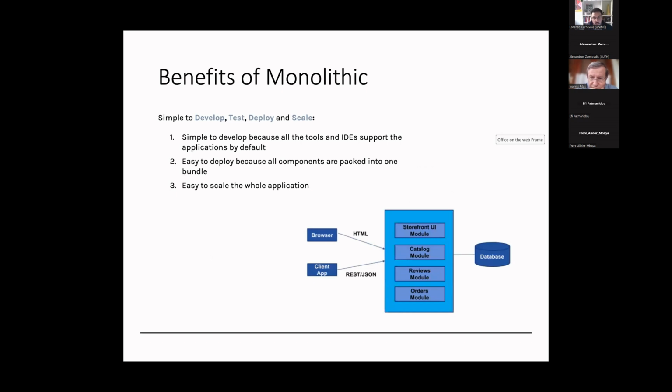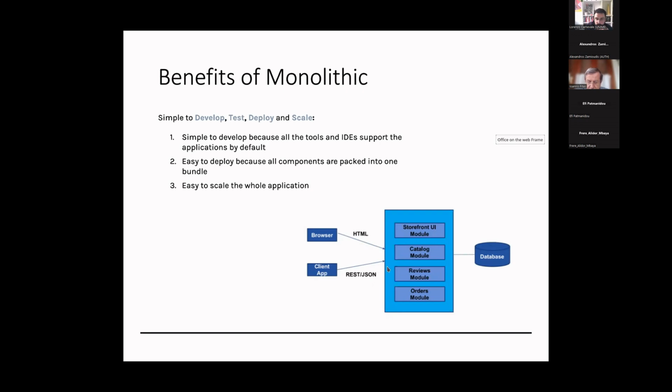The benefit of the monolithic was that it was simple to test, develop, deploy, and scale. Let's think about this image here. There is a browser, which is our client, with HTTP connections that downloads an HTML, or a client application, which could be a desktop application or a mobile one, with some REST JSON API that is used.